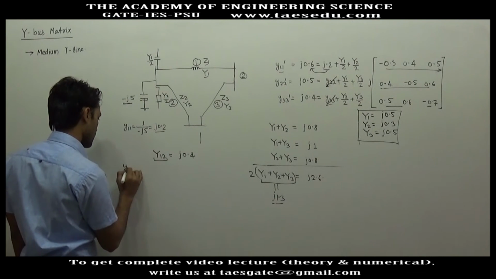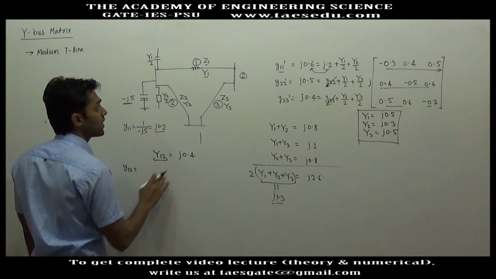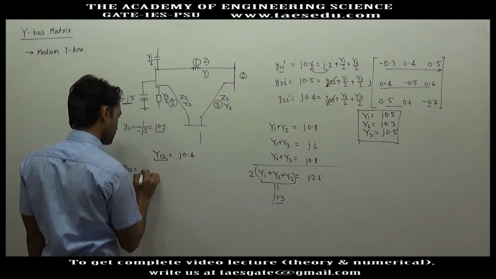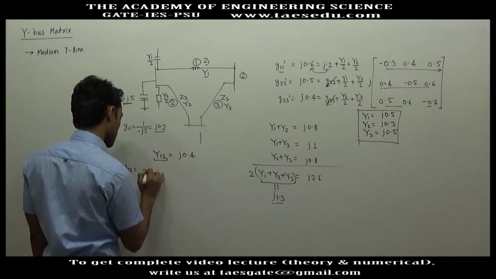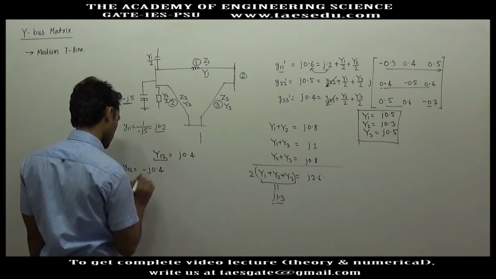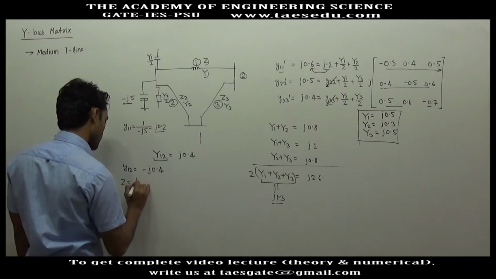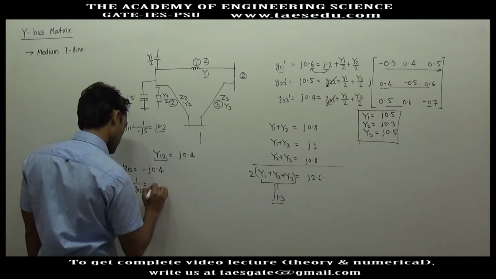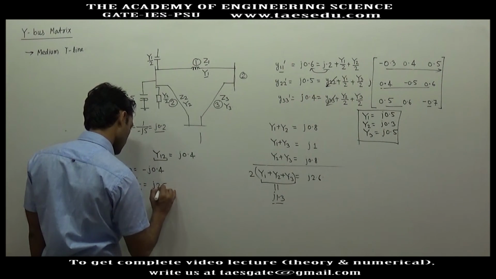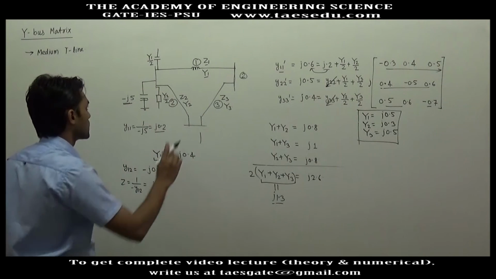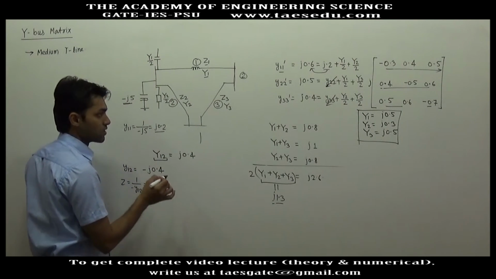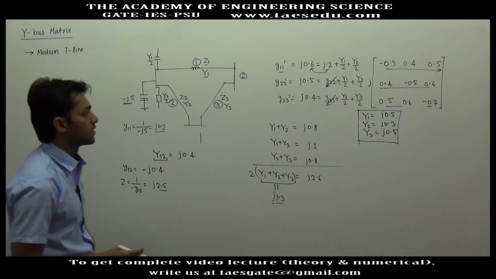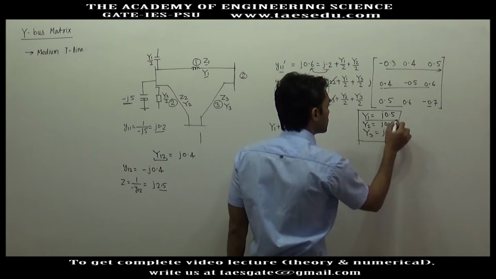So small y12, which is the admittance of the line, will be minus j 0.4, and z will be 1 by y12, this will be j 2.5. So the reactance of this line will be 2.5 ohm, and the admittance will be j 0.5.